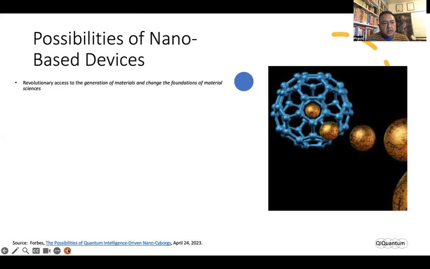Because we've posed this idea that these natural quantum computers are generating genetic type code that lies at the bottom of modern, more sophisticated manifestations of matter and life, access at that level, or rethinking atoms and molecules in this way, would provide revolutionary access to the generation of materials and change the foundations of material sciences. This is due to being able to affect atoms and molecules and the genetic type code they generate from the bottom up, differently than we're doing it right now.